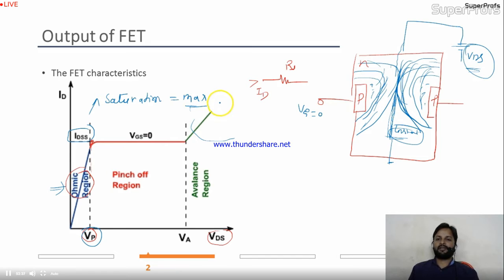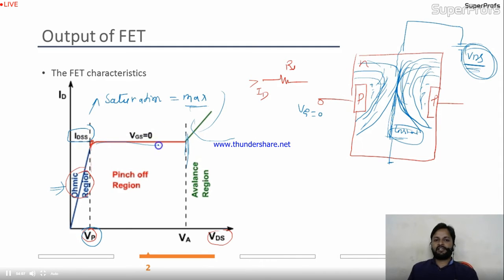After some time, when VDS is very high, the covalent bonds in this depletion layer break, so there will be breakdown currents. So for good working of the FET, we need to stay within or up to the saturation region, because if you want to use the FET in applications, you need to operate the FET in the saturation region only.